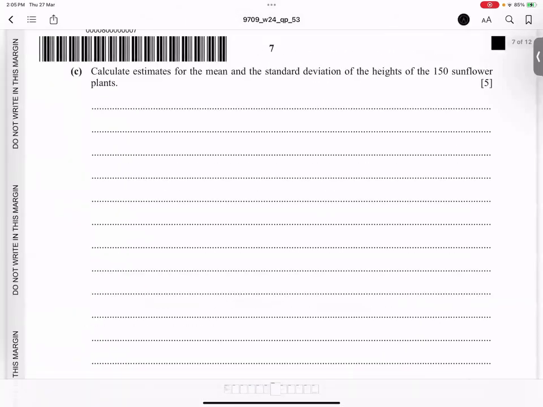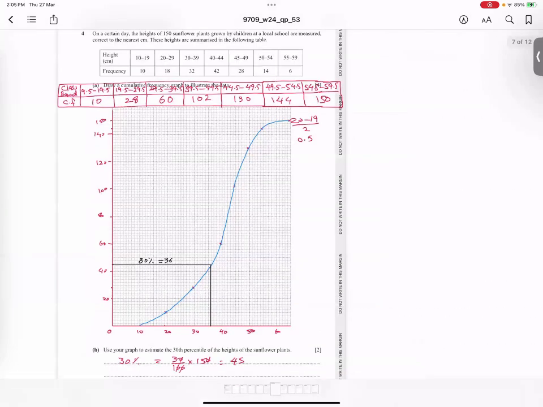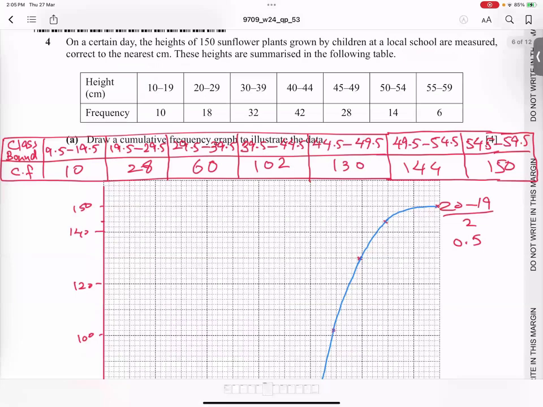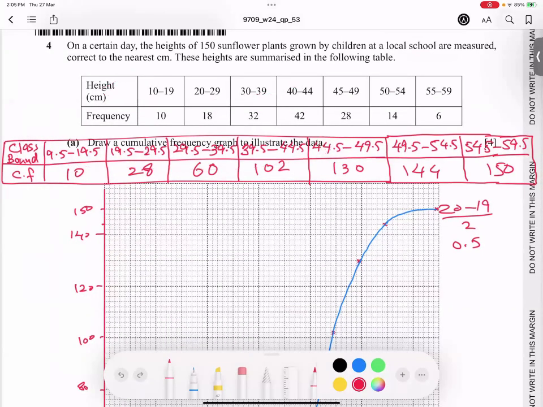What is it asking for? Find the mean and deviation. How to find the deviation and the mean? We need the data, and I tell you very clearly, this is called class boundaries. Let me tell you again, class boundaries and without class boundaries. For mean and deviation, you use class boundaries or without. The answer will not be affected at all.